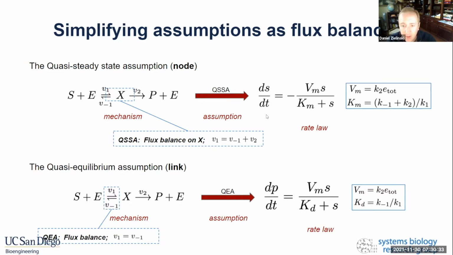So here we're doing that for the Michaelis-Menten rate law by applying what's called a quasi-steady state assumption. I'll show what that is.